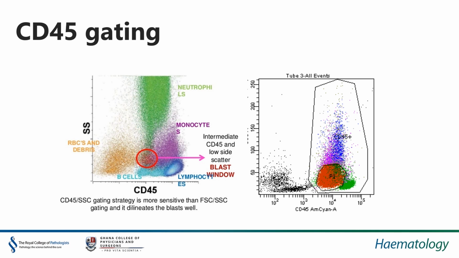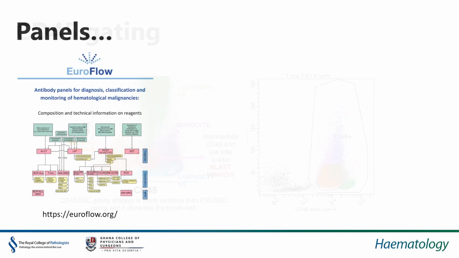One of the questions we quite commonly get asked is, well, how do we design our panels? What do we want to include within our panels? And whilst standardization is the optimal goal for flow cytometry, we're still a very long way off standardization for flow cytometry panels.